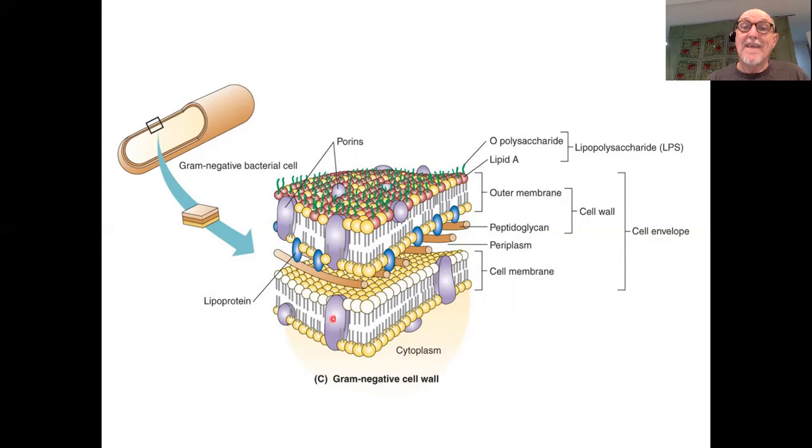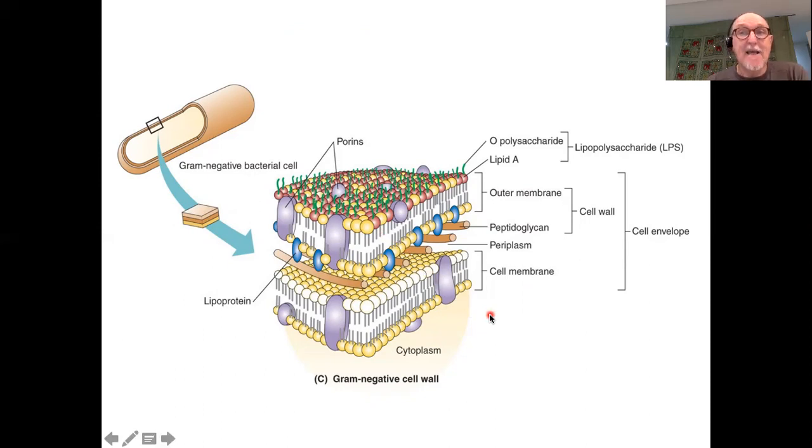And then on the outside of the cell wall, there is a very complex second membrane. At first sight here, it looks as if it's just a repeat of the plasma membrane. It's not. It's quite different to the plasma membrane, and it is called the outer membrane.